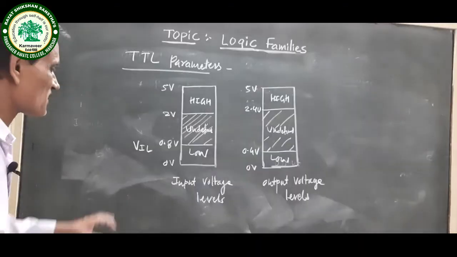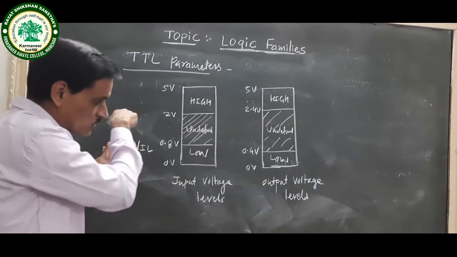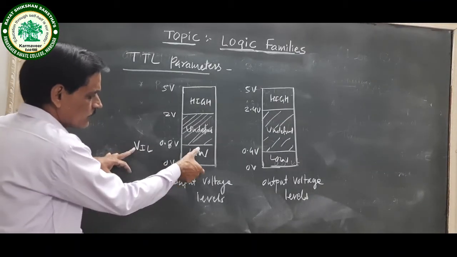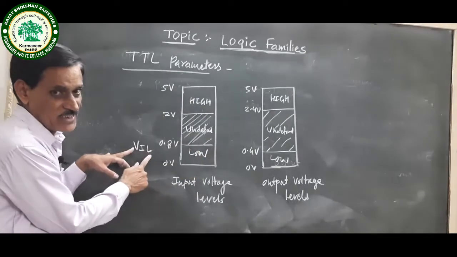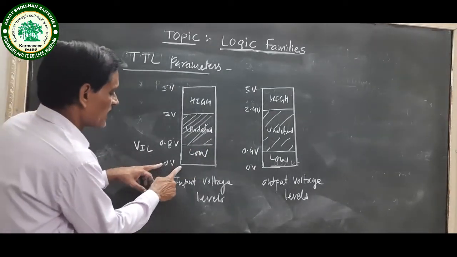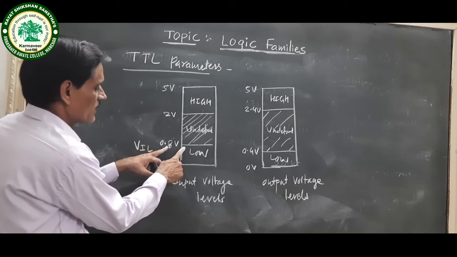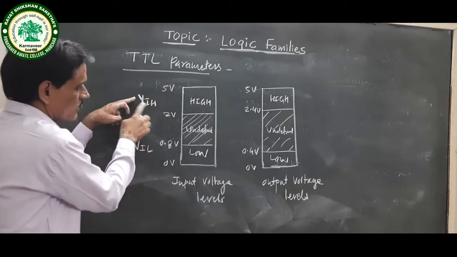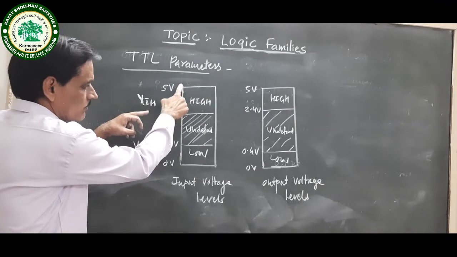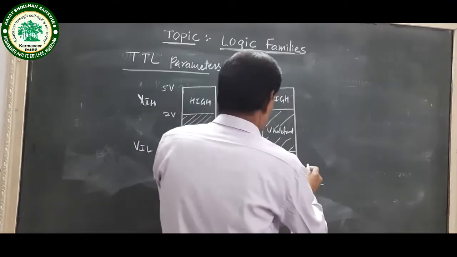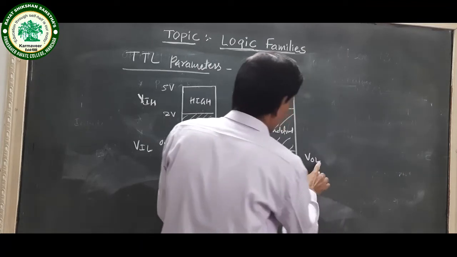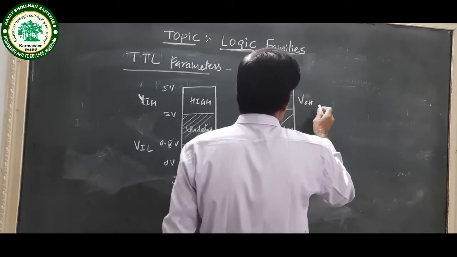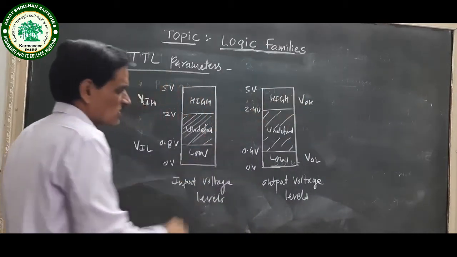Now just try to understand the different voltage and current levels. Here I have called it the input voltage level. When the input is treated as low, we call it VIL. This is VIL minimum, this one is VIL maximum. Similarly, VIH minimum, VIH maximum. Related to the outputs, VOL minimum and VOL maximum, and similarly VOH minimum and VOH maximum.